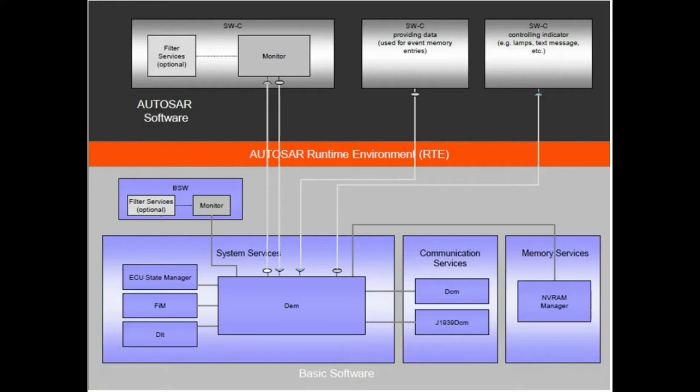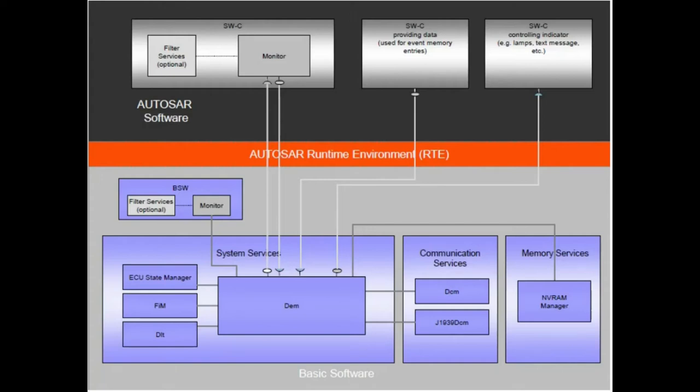We do some configuration and create interfaces, and using those interfaces the communication happens between the basic software and the application software. This is the main use of RTE: it creates the interface or communication between the basic software and the application software.